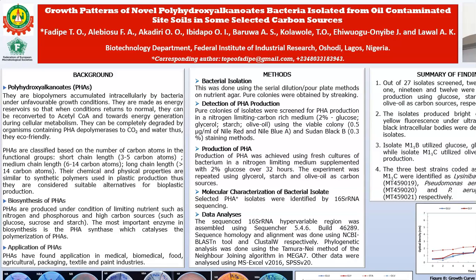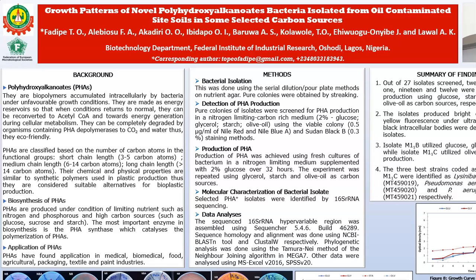We also observed their reactions for catalase and starch hydrolysis. These isolates were screened for PHA production on nutrient-limiting carbon-rich medium using glucose, glycerol, starch, and olive oil as carbon sources, with the viable colony method using Nile red and Nile blue A, and further by Sudan black B staining.